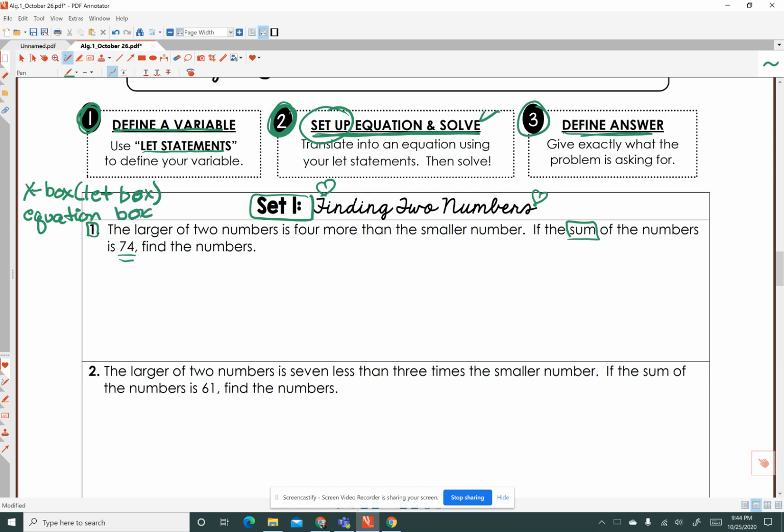So here's our X box, and we're going to have to read this problem carefully again. The larger of two numbers, so we're talking about two numbers, is 4 more than the smaller number. So the way I would start with this problem is I would let X equal the smaller number.